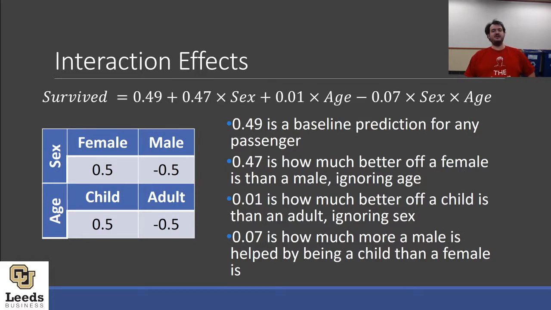We're going to look at what it's like for everyone regardless of that group. So 0.49 is what it would be if you had sex and age equal to 0. That doesn't represent any actual option available to you, but it gives you a base level for the group. A typical passenger, not knowing anything else about them, has a 0.49 survival.